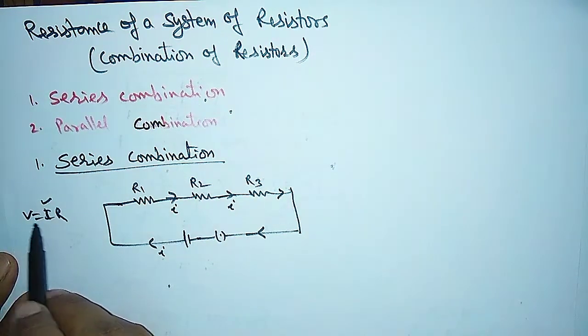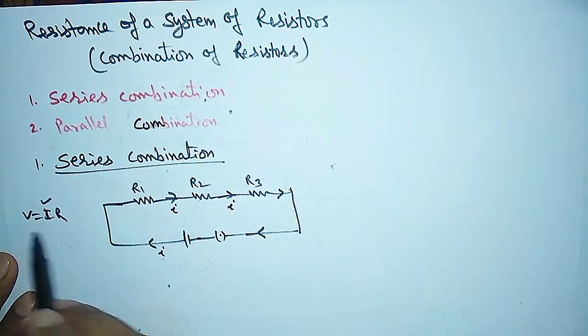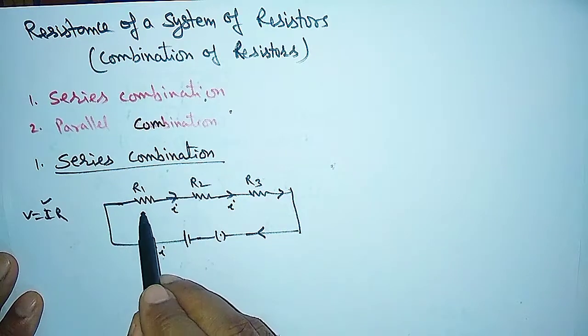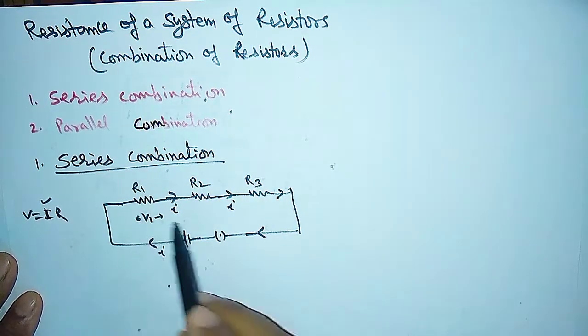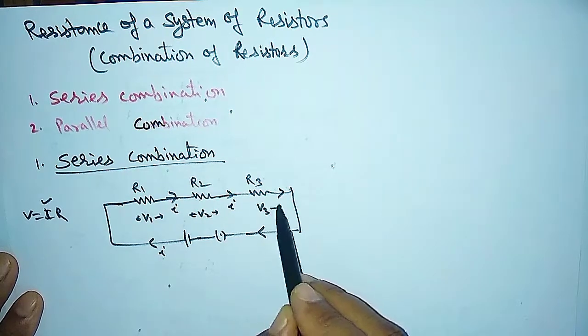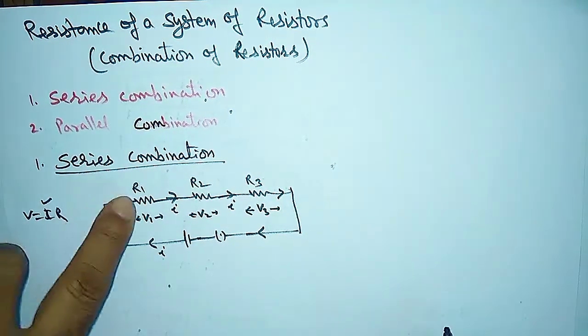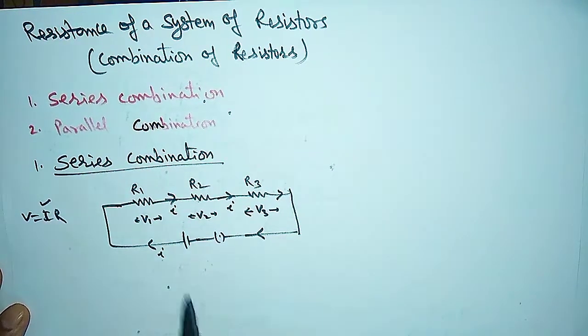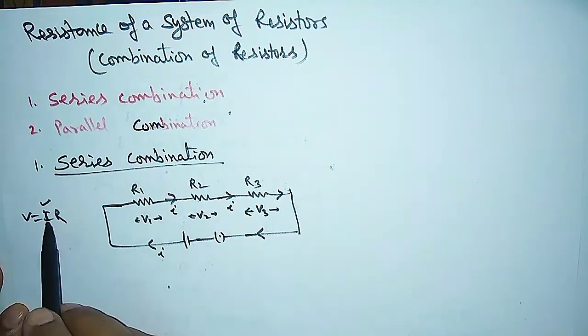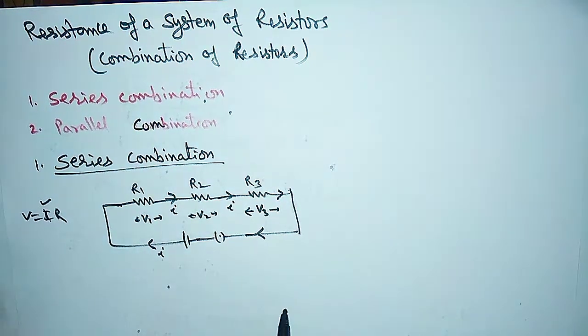So V will depend on R. If R changes, then V will also change. It means across R1 the potential difference will be V1, across R2 it is V2, across R3 it is V3. So the potential difference will change according to the resistance, because I is constant. Among the 3, if one is constant, the other two become mutually dependent.